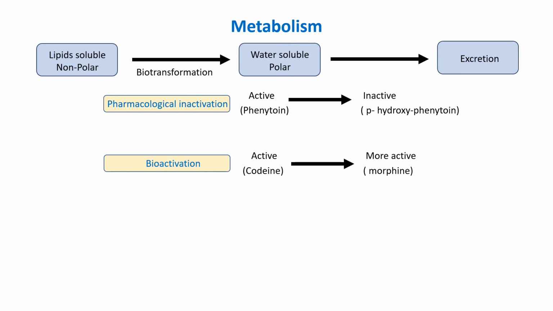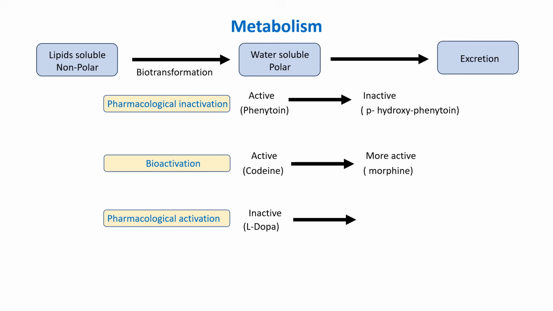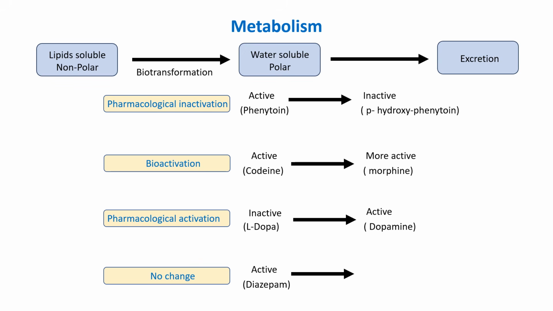Another outcome is pharmacological activation, where an inactive drug known as prodrug is converted into active metabolites, making the compound therapeutically more effective. Lastly, biotransformation can sometimes result in no changes in pharmacological activity, where an active drug is converted into metabolites that have equal pharmacological activity.